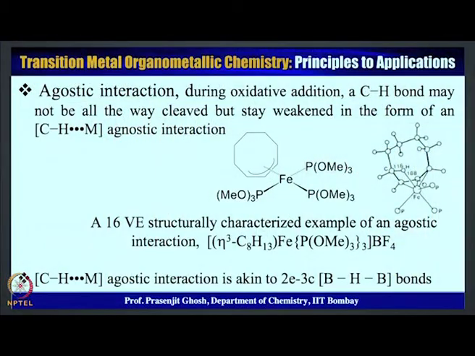Now, this structural characterization of this complex thus establishes the fact that CH activation is prevalent in this particular complex and many other complexes for both electronically as well as coordinatively unsaturated metal centers.